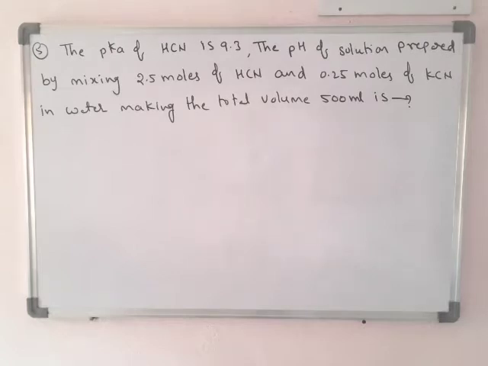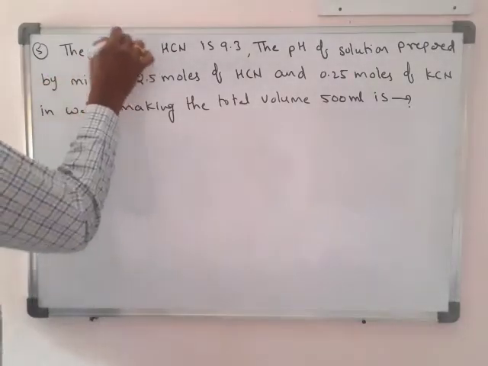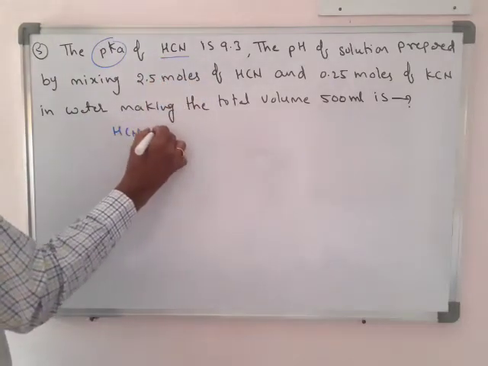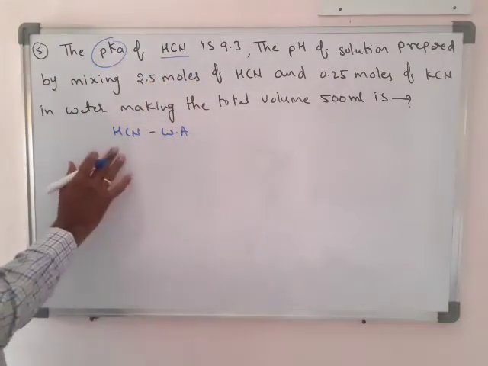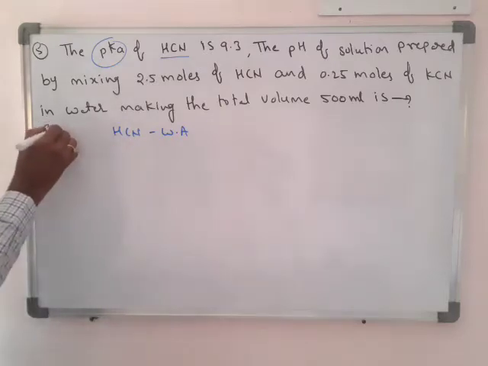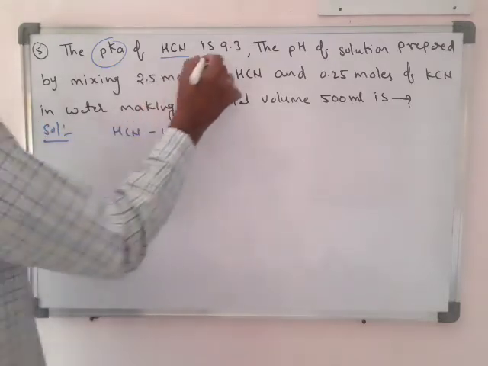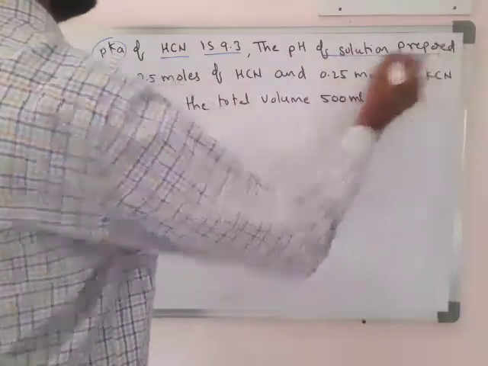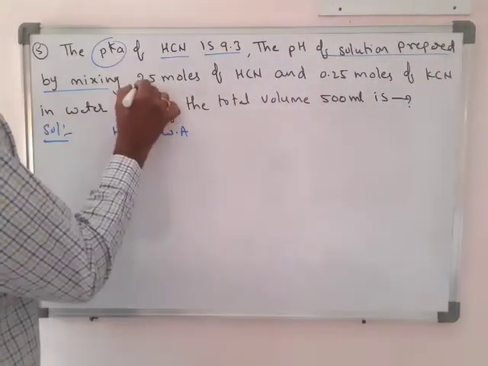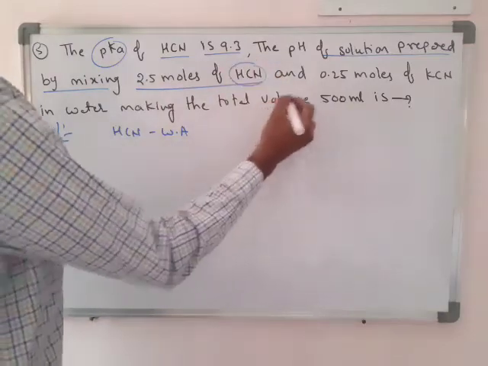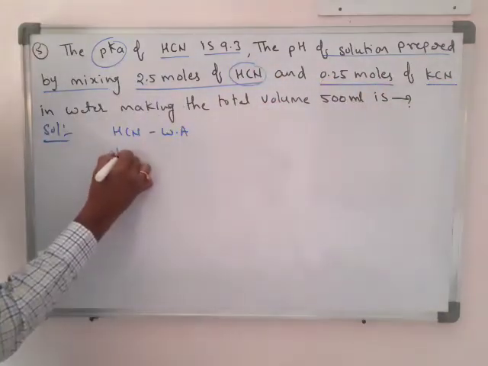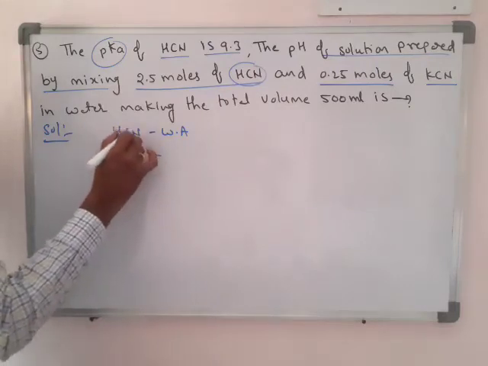We'll see the next one. The pK of HCN: hydrogen cyanide is a weak acid, with pK 9.3 given. So the pH of the solution prepared by mixing 2.5 moles of the weak acid and 0.25 moles of KCN. What is the relation between these two?